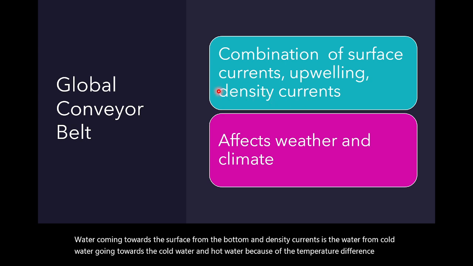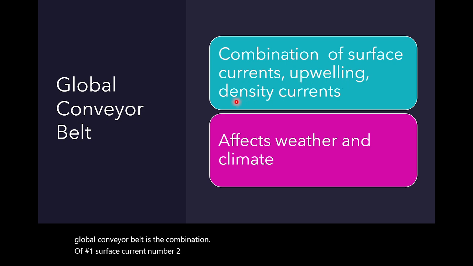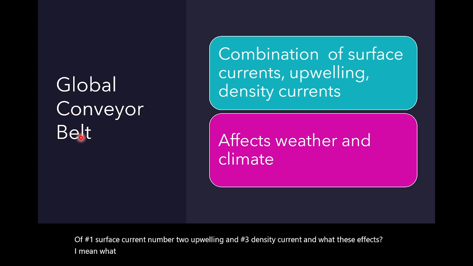So these three types of water motion combined we call the global conveyor belt. I repeat, the global conveyor belt is the combination of number one, surface currents, number two, upwelling, and number three, density currents. And what does the global conveyor belt affect?